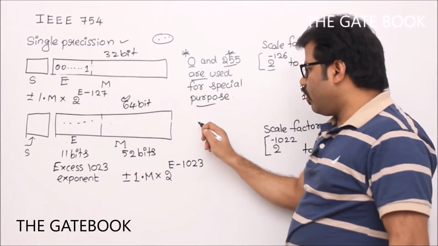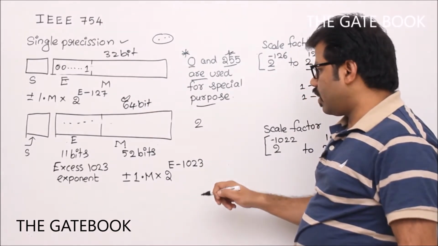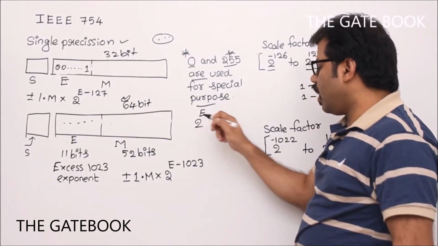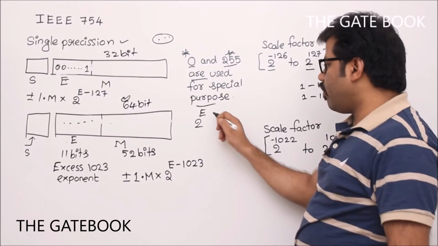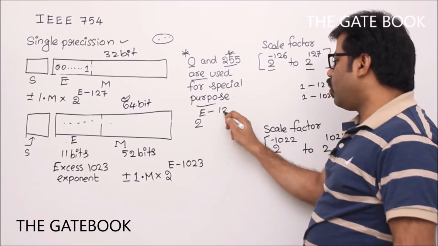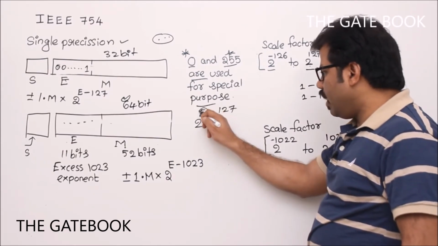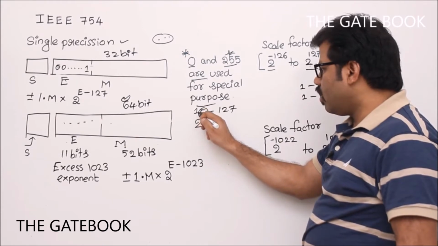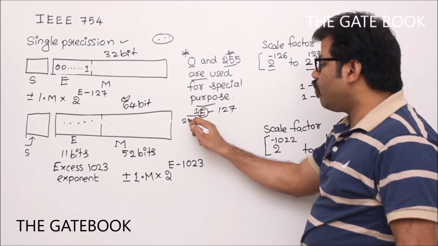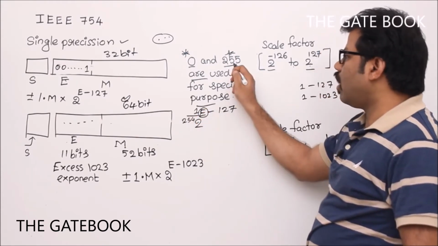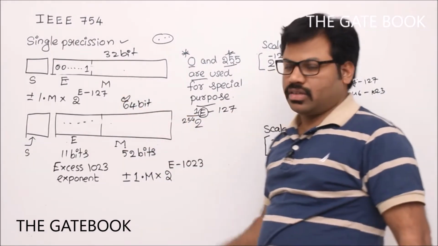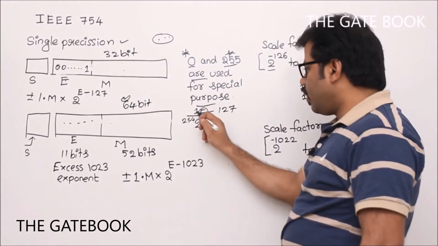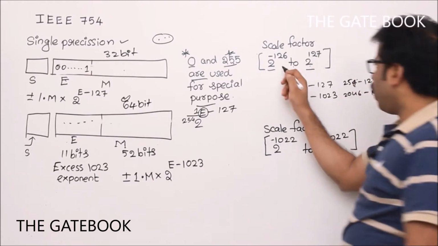Whenever we write 1, we know the formula for scaling factor, correct? 2 power, generally how exponent will be evaluated, 2 power E minus 127, we know that. So E value is now minimum 1, maximum 254, because 255 is also not allowed for this single precision. Then if I write 1, you are going to get minus 126.